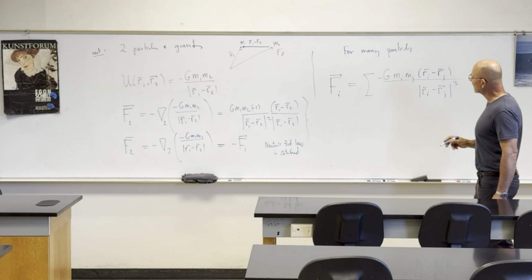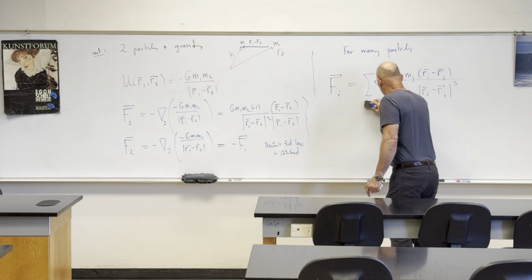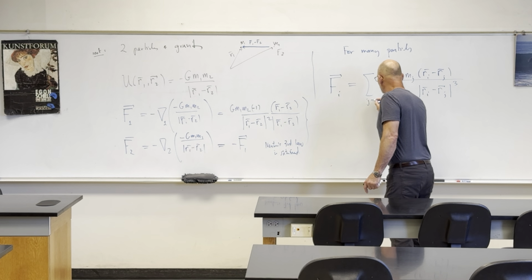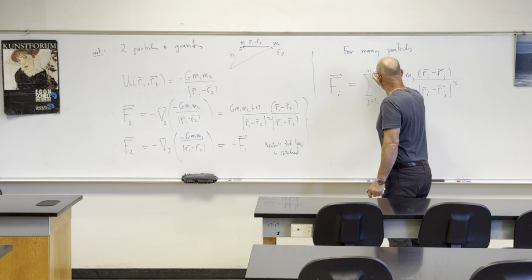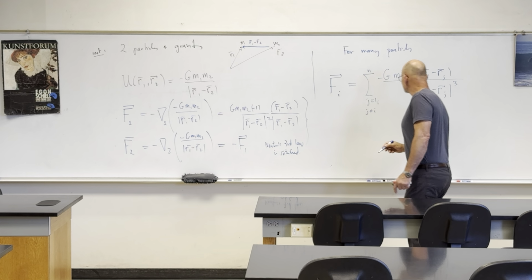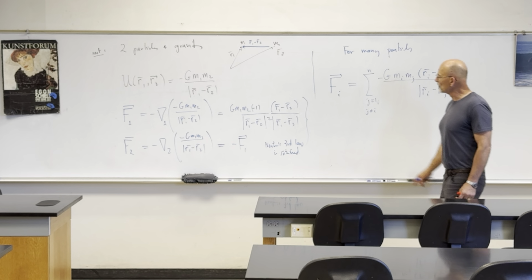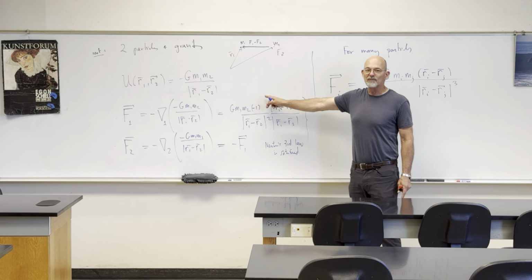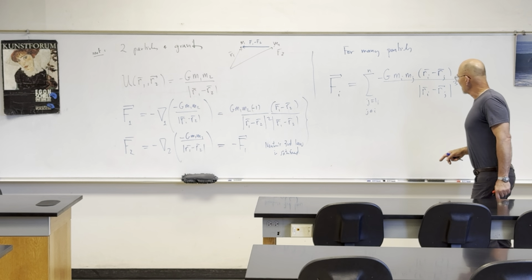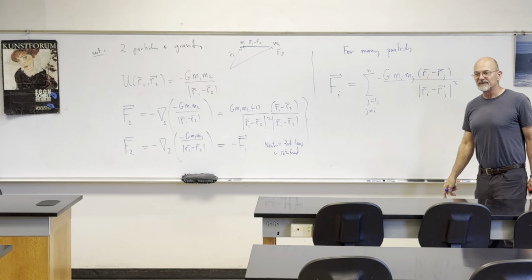You guys won't mind that, right? j equals 1 to n, and j is not equal to i. So that went pretty fast, right? I just took this one that's very clear from being a two-particle problem, and I'm just summing over all the possible j's out there.